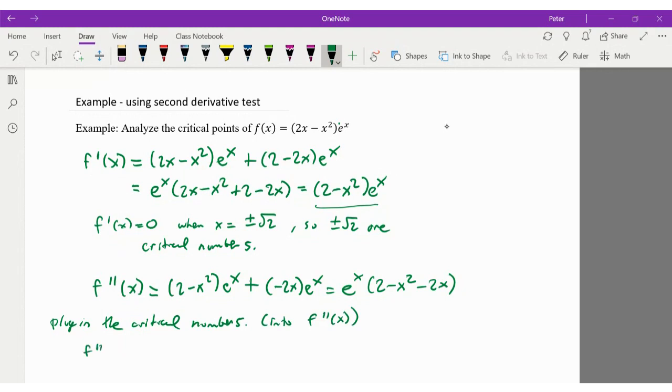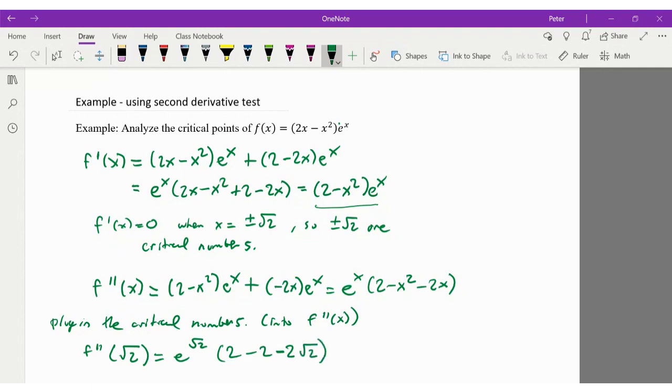So f double prime of the square root of 2 is equal to e to the square root of 2. And that's going to give us 2 minus the square root of 2 squared is just 2. And then 2 times the square root of 2 is 2 root 2.